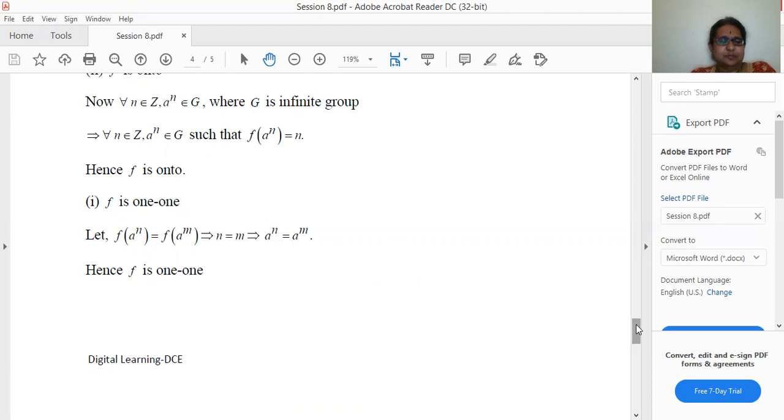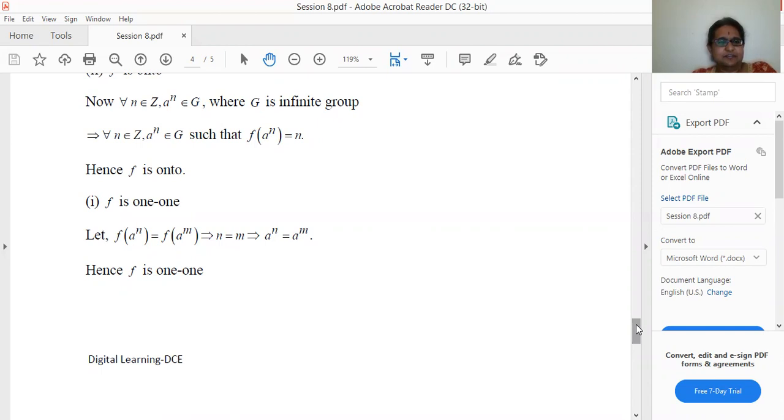Another thing we can observe is that for a homomorphism to exist, there need not be two different groups. In some problems the domain and codomain will be the same group with the same binary operation. So both cases exist. That is, the domain and codomain may be different sets with different binary operations, or they may be the same set with the same binary operation, but the condition should be satisfied.